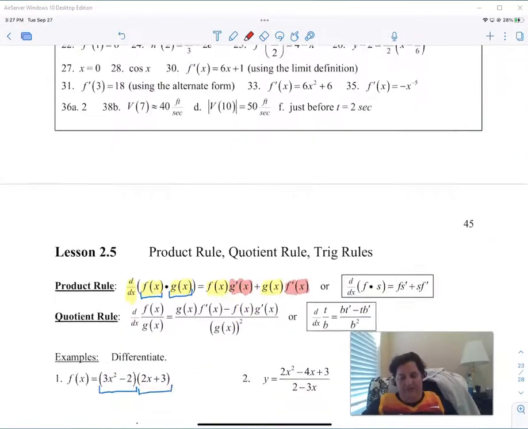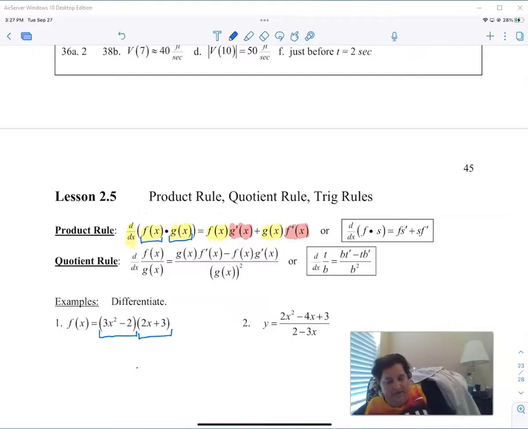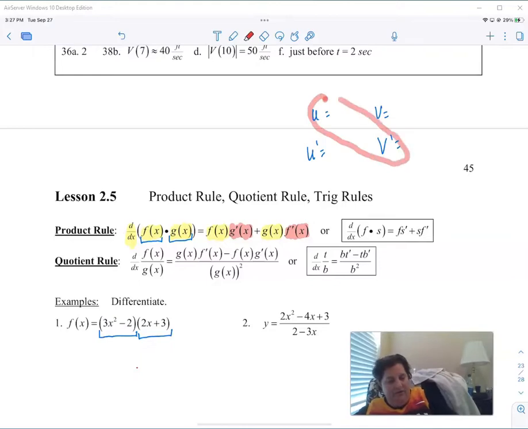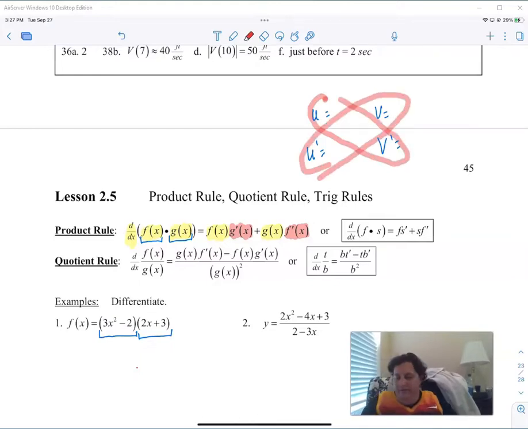Some people use u and v, and they'll go like this: u, v, u prime, v prime, and they'll say, okay, I've got to multiply u and v prime, and I've got to multiply u prime and v. Now it doesn't really matter which order you go in because look, it's a plus right there. So even if I switch them around, it's going to be the same thing.